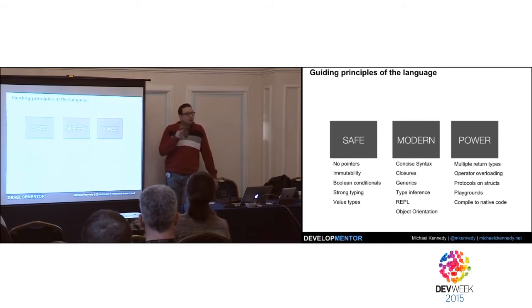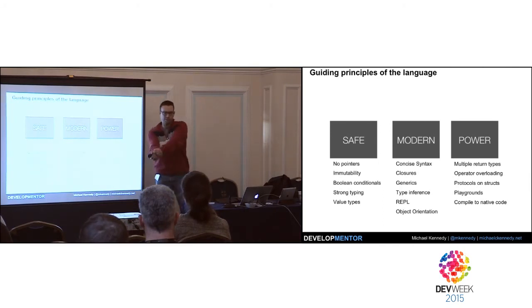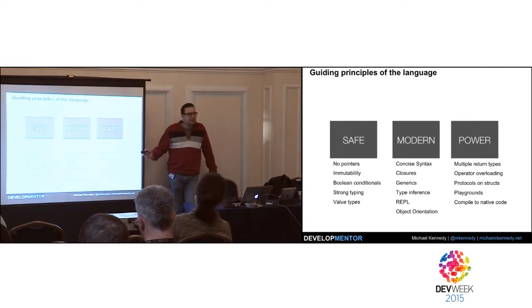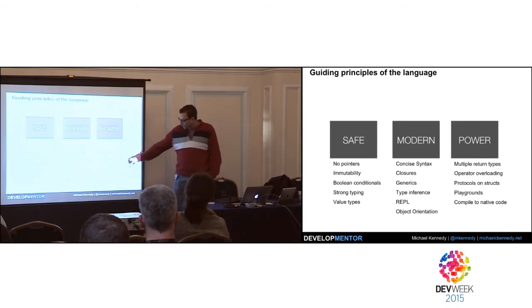It lets you return multiple parameters from a function by taking basically tuples and compressing them in one thing and then decompressing them or decomposing them on the other side. It has operator overloading that's super easy. It has this concept of basically the same idea as interfaces with protocols, and as well, it also has this concept of extension methods, so you can sort of do a lot of stuff there.